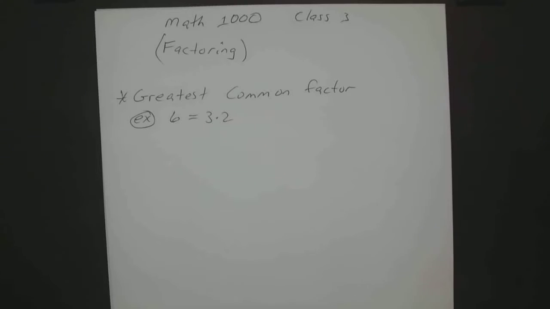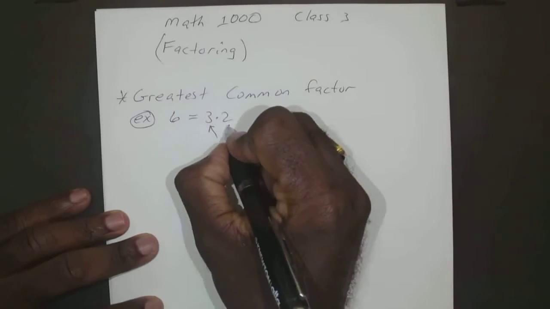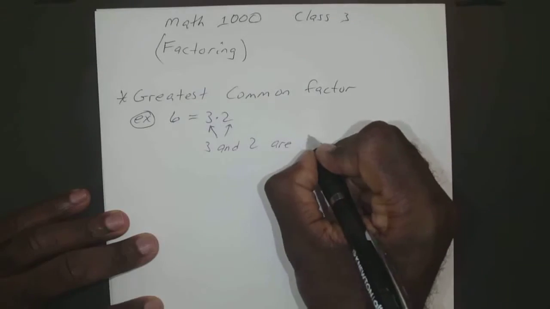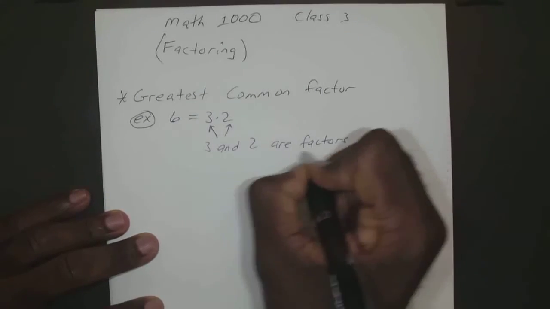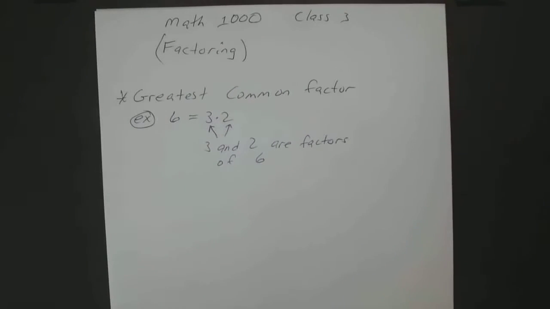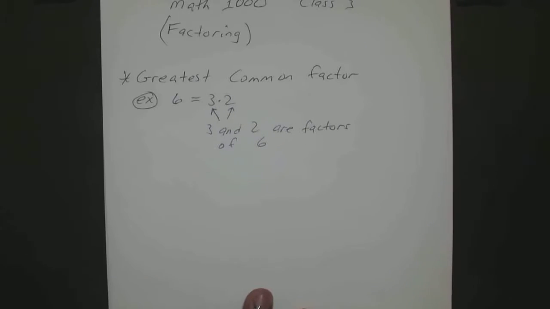Once you break a number down, or in some cases a polynomial down, to just something times something times something, all of those multiples are called factors. So in this case, 3 and 2 are factors of 6. Okay, so factoring is just breaking it down. Instead of having something plus something plus something, it's just multiplied.